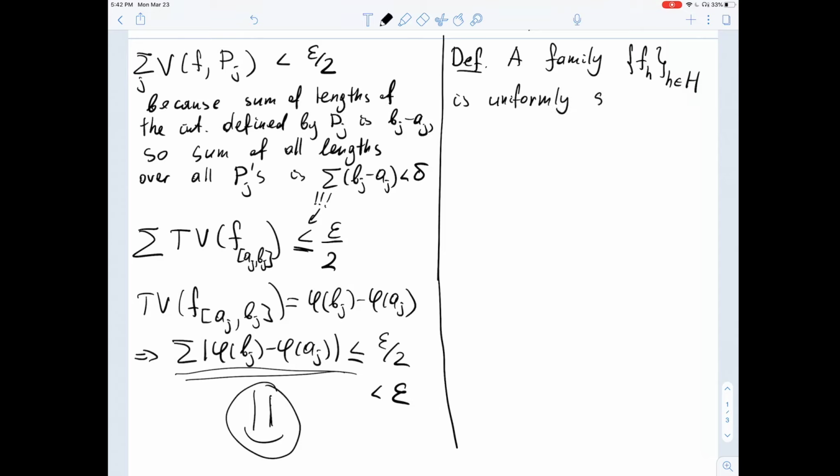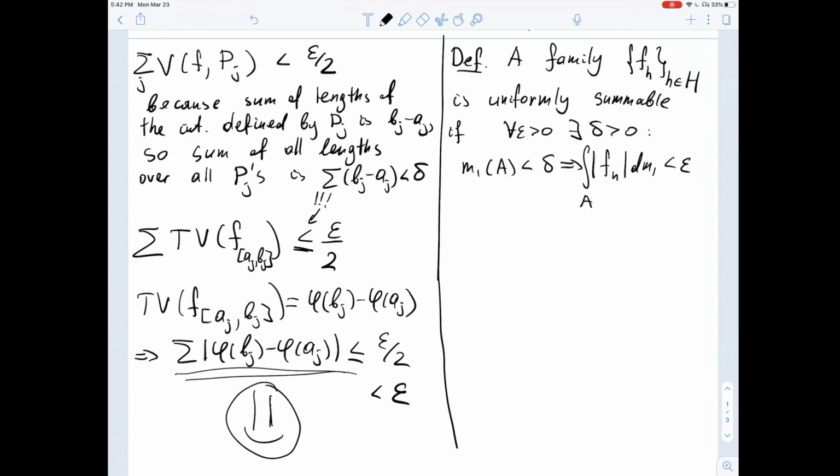It is uniformly summable if for every epsilon there exists a delta such that if the measure of A is less than delta, then the integral of f sub h over A is less than epsilon for every h in the index set.